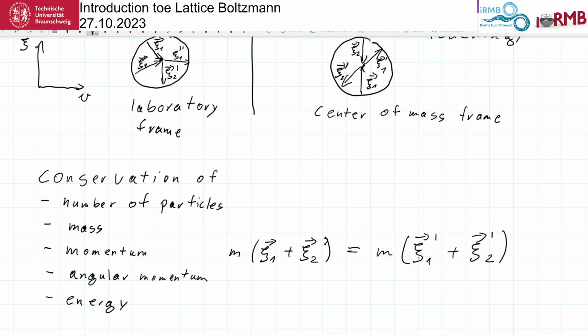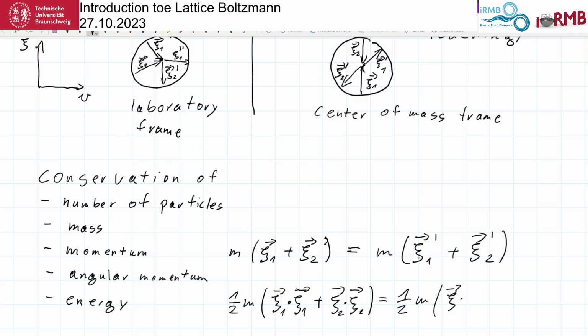So this is what momentum conservation means. Then we have energy conservation. So there's again the mass of a particle, and now we have the energy. The energy is the square of the velocity, right? So this is the energy of particle 1 coming in, plus the energy of particle 2 also coming in, and all of this must be equal to the energy of the same particles going out.